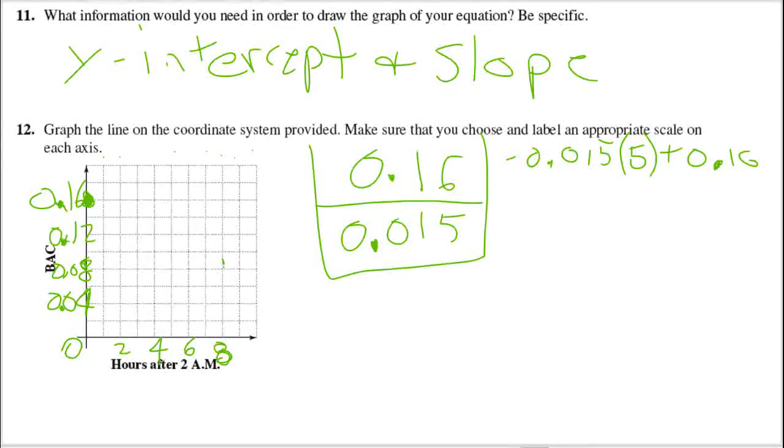So at 5 hours, I'm about a quarter of the way between 0.08 and 0.10. I'll put it under 5 hours, but that's going to be my 5 hours.